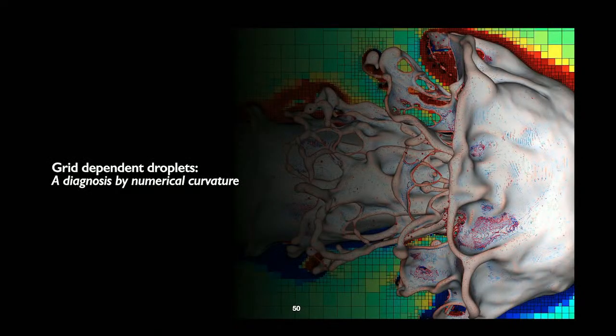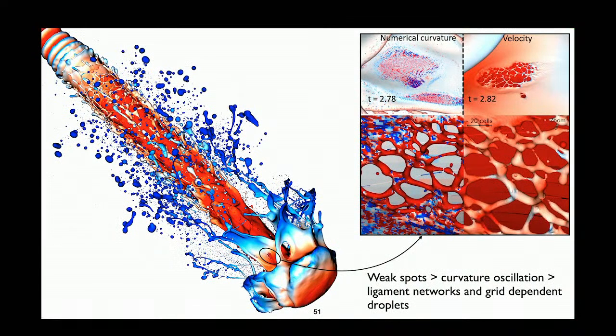Now, why is this happening? We found out by diagnosing it with the numerical curvature. When we colored the interface by the curvature, this one is colored with UX, but this is colored with the curvature. What we found out is that as a weak spot develops and the sheet gets thinner and thinner, the height function calculation for curvature causes oscillations in the curvature.